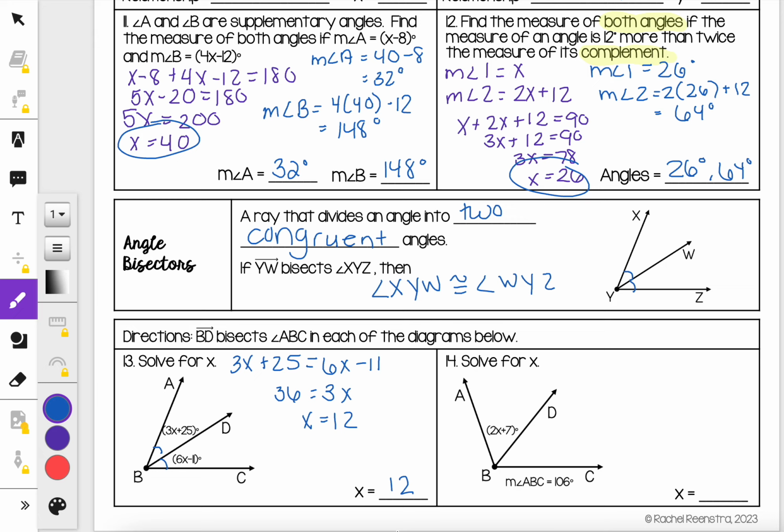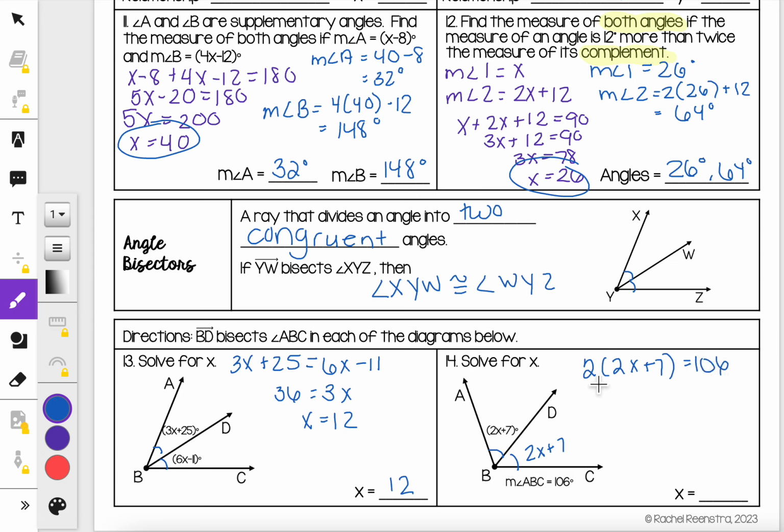Now for number 14, again, ray BD bisects angle ABC. So there's a couple different ways that we can think of solving this. If I know that angle ABD is equal to 2x plus 7, then this angle here also has to be 2x plus 7. So I have 2 times 2x plus 7 is going to equal the whole angle, which is 106.